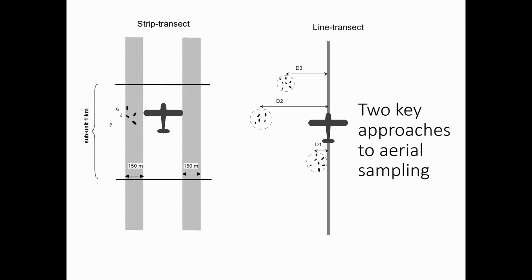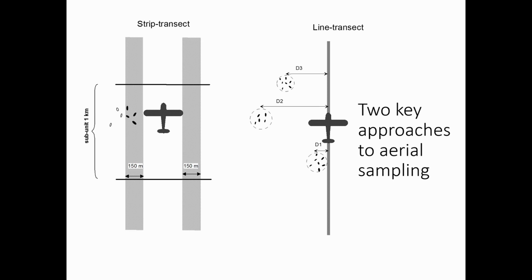And what they found was that the number of elephants in the area declined in response to the strip width. The bigger the strip width, the fewer the elephants. And what they realized was that elephants out towards the edge of the strip were simply being missed.